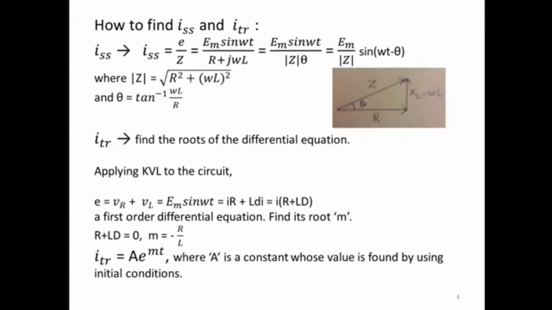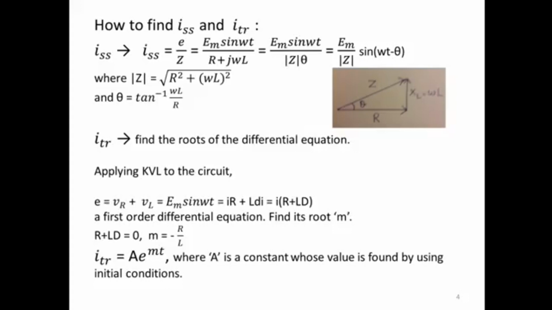Now, how to find these two components? First of all, let us discuss the steady state component. The steady state component is the normal current which you can find by simply dividing the voltage by the impedance.